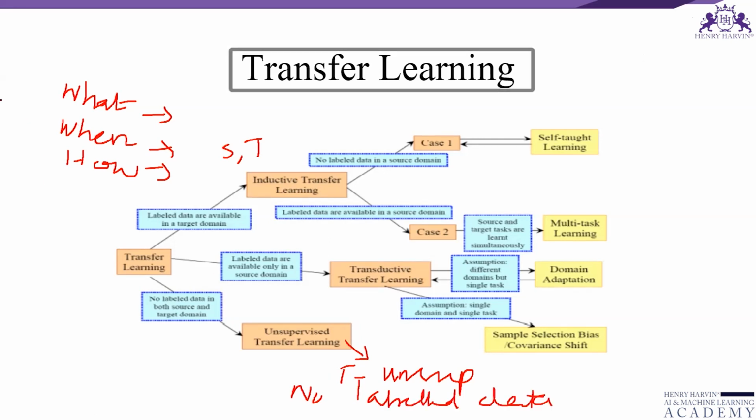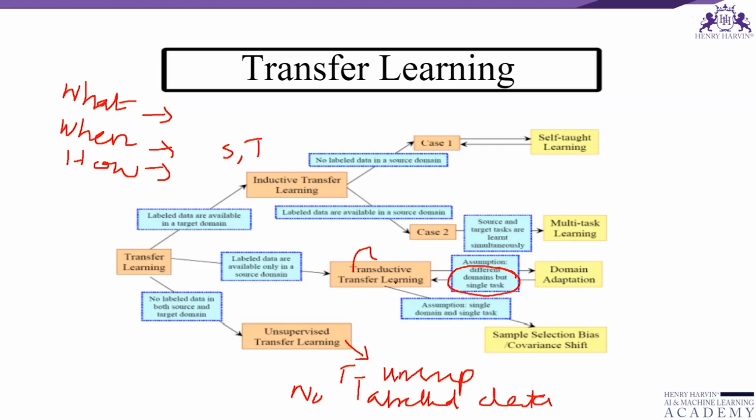The next one is transductive transfer learning. Here there are similarities between the source and target tasks, but the domains are different, right? You can see that. What I can say is that the source domain has a lot of labeled data, while the target domain has none.